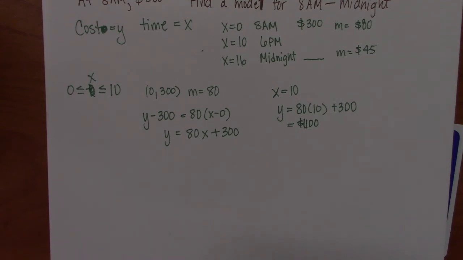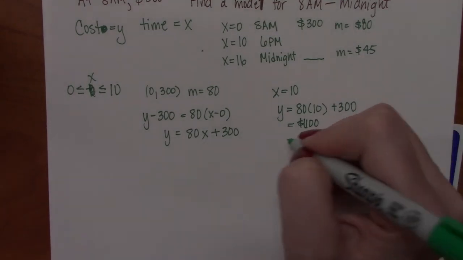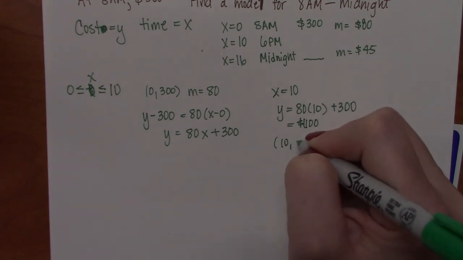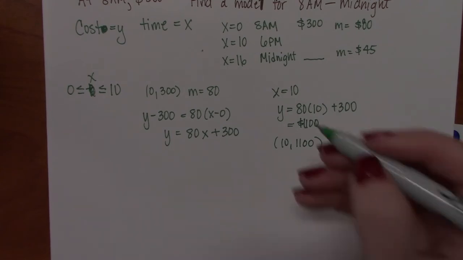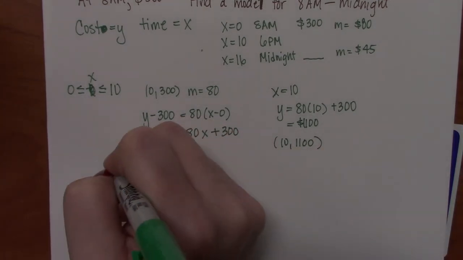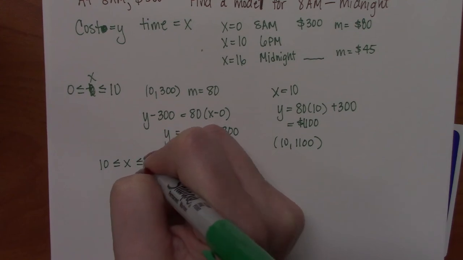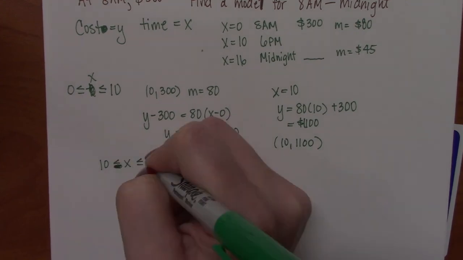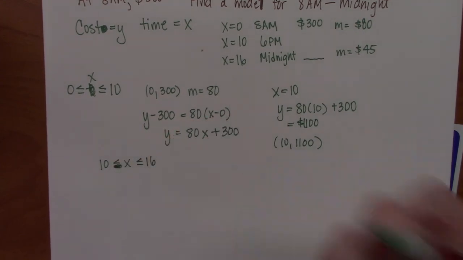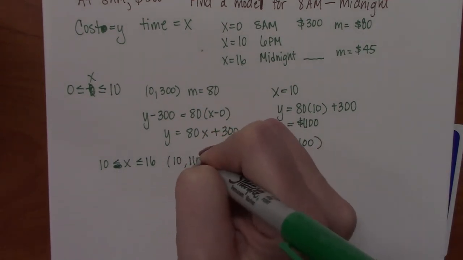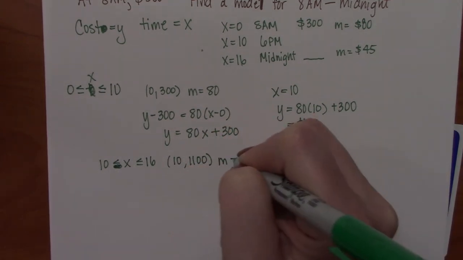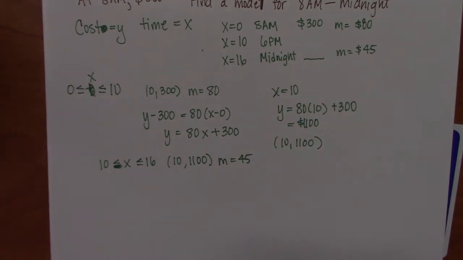All right, so then the point 10, 1,100 will become the data point that I use to apply my new slope. So from x is 10 to 16, I have a data point of 10, 1,100 and a slope of 45.